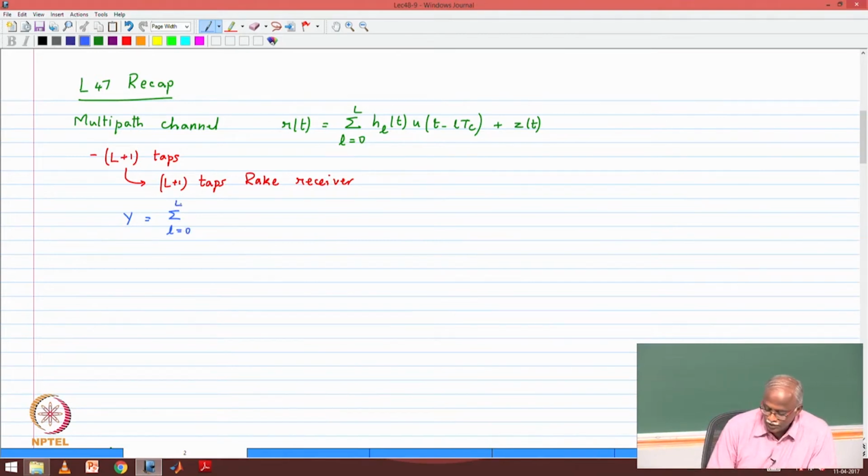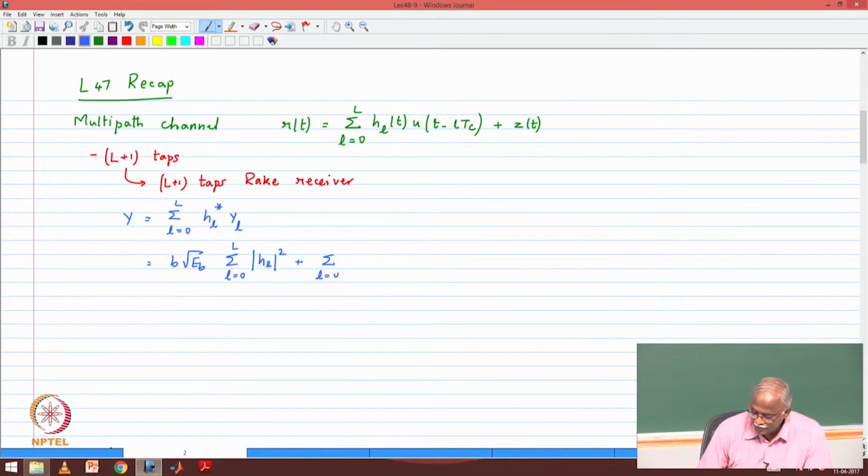There are L plus 1 copies of the signal that we are combining using the conjugate of the chip-spaced channel, h_l conjugate y_l. This gives us the expression that we are looking for: b times root E_b, summation l equal to 0 through L of mod h_l squared, plus summation l equal to 0 through L of h_l star n_l.